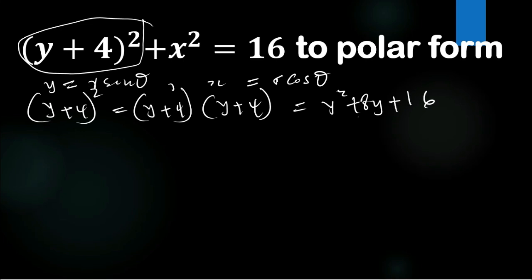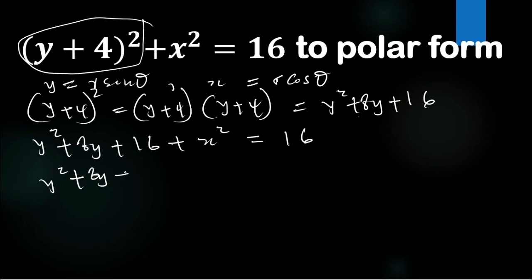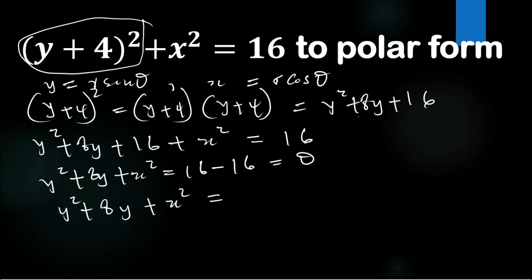So I can replace my equation with y squared plus 8y plus 16 plus x squared is equal to 16. Collecting like terms, y squared plus 8y plus x squared is equal to 16 minus 16, which is 0. Now I can begin to replace y and x with r sine theta and r cos theta.